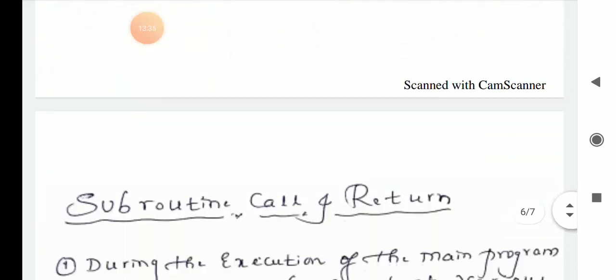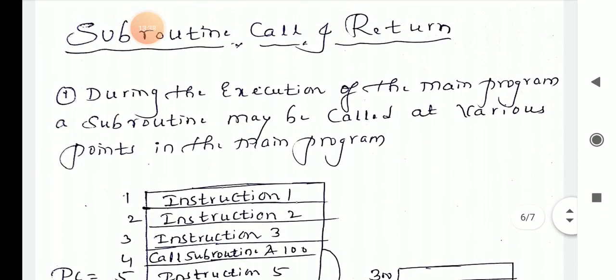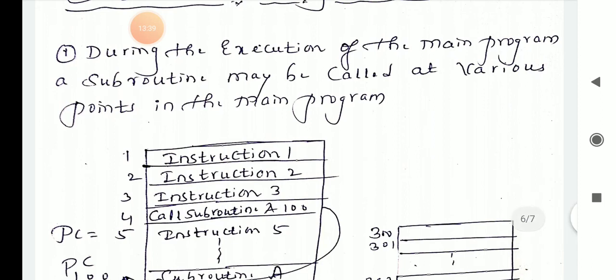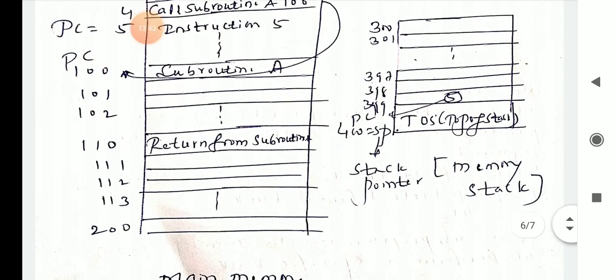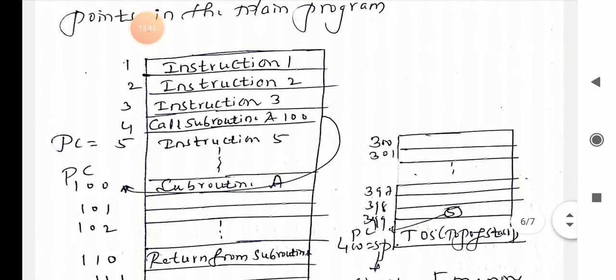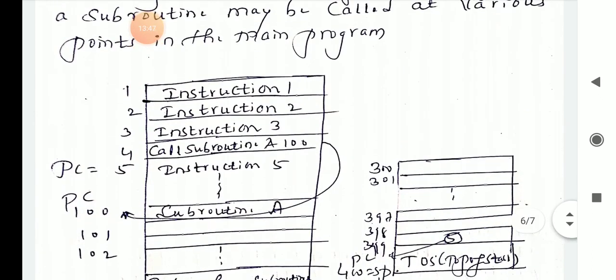Okay. So next, subroutine call and return. How are we going to use it? So the first step is you can observe the memory diagram. Okay. So that is the main memory. In that I will mark instruction 1, instruction 2, instruction 3. I will directly write in the fourth location call subroutine A of 100 value.